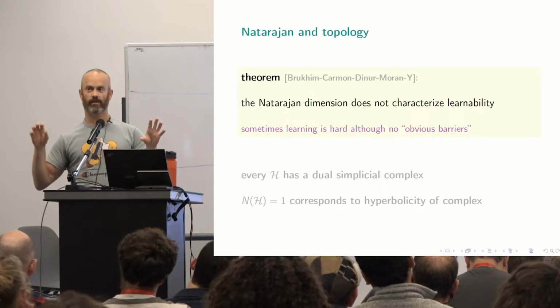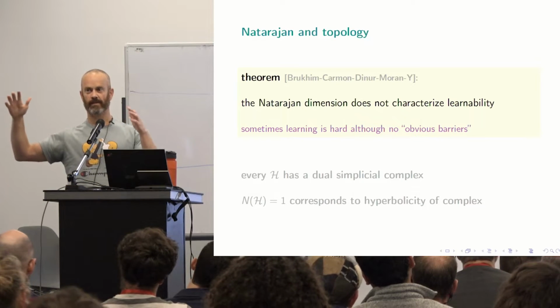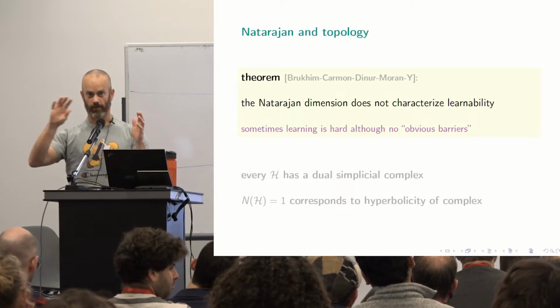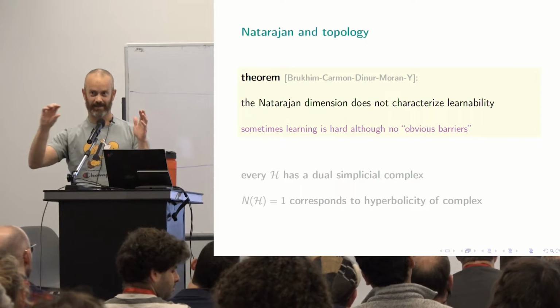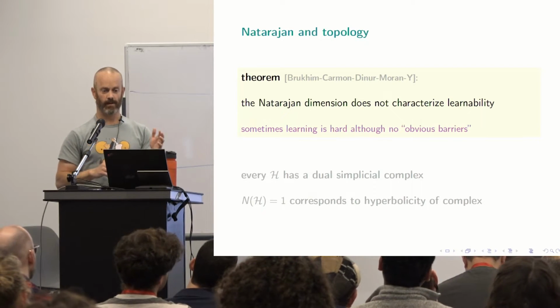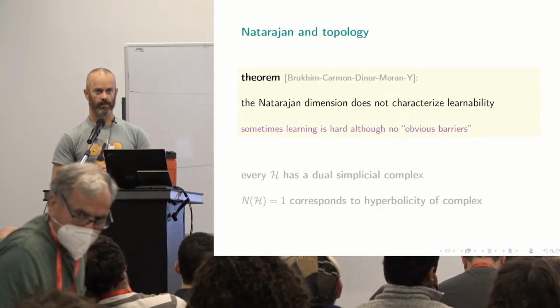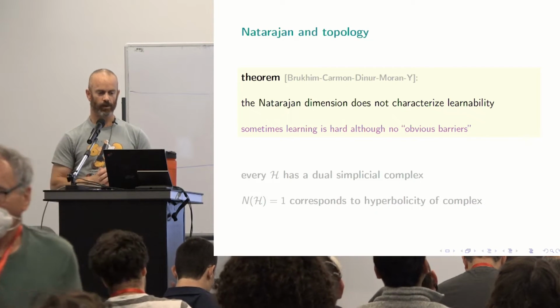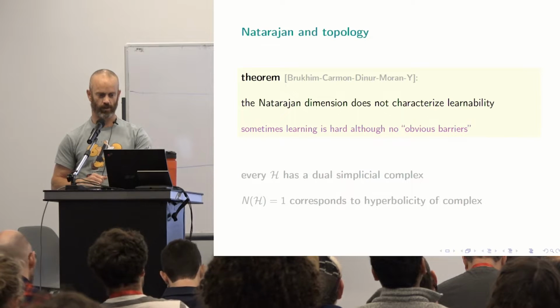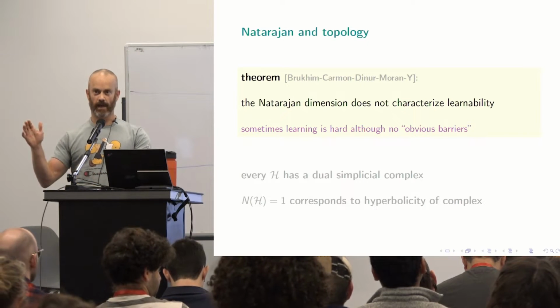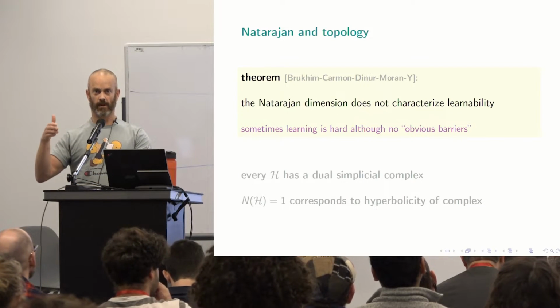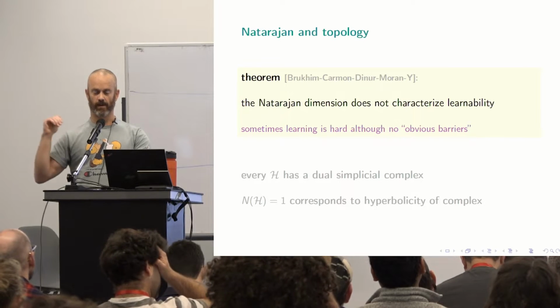This corresponds to hyperbolicity of this simplicial complex. There is a direct correspondence between these two notions. Okay, I will tell you more later on. So Natarajan is a lower bound. Natarajan is not an upper bound on PAC learnability.